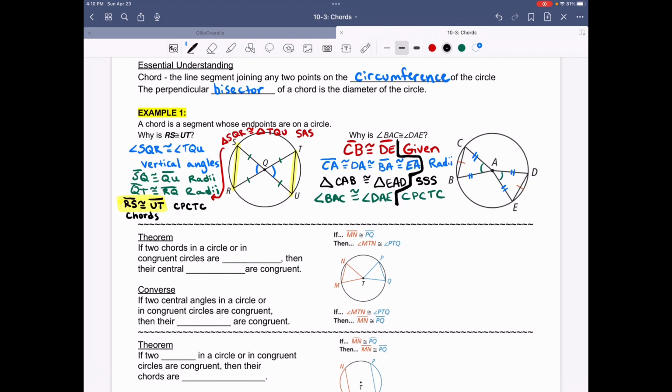All right, the first theorem, theorem 1. If two chords in a circle or in congruent circles are congruent, then their central angles are congruent. And that's the one that we just proved. Secondly, if two central angles in a circle or in congruent circles are congruent, then their chords are congruent.